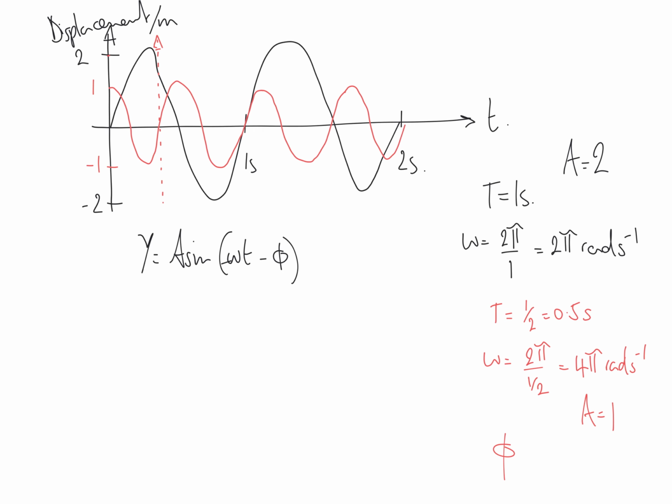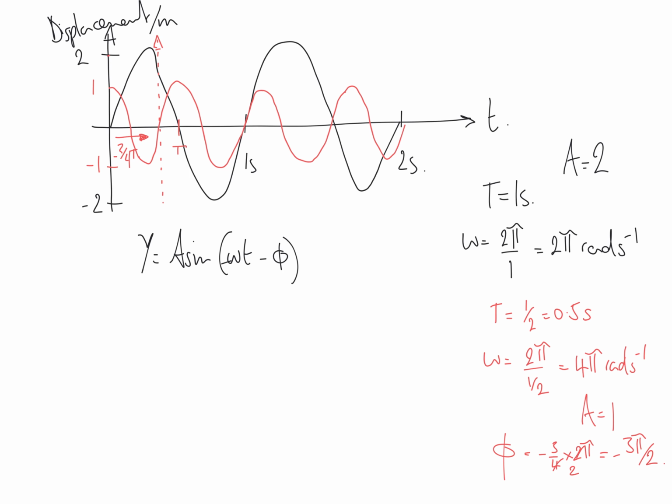And that point there is a shift of a total of the red of 3/4 of the time period. So if we're shifting to the right by 3/4, that's going to be a negative shift. Therefore, it's going to be minus 3/4 of a full circle, which is minus 3 pi over 2.